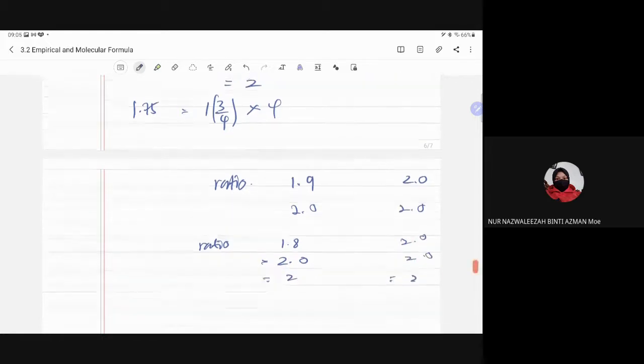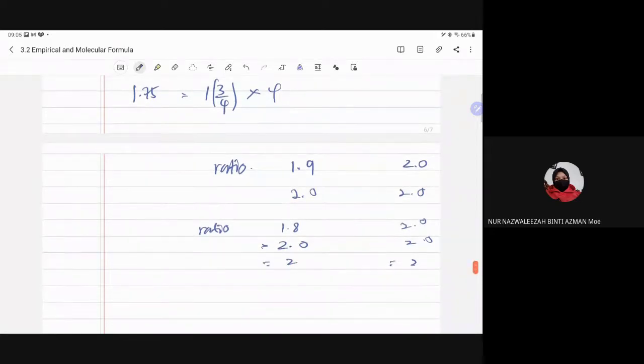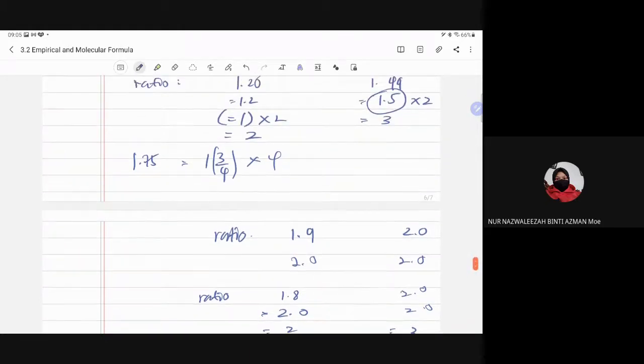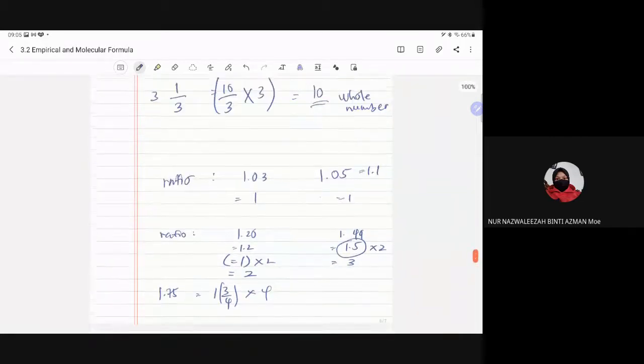Jelas? Okay. Jadi 3 juga. Ya, dia akan jadi 3 juga. Okay. Alright. So that is for now.